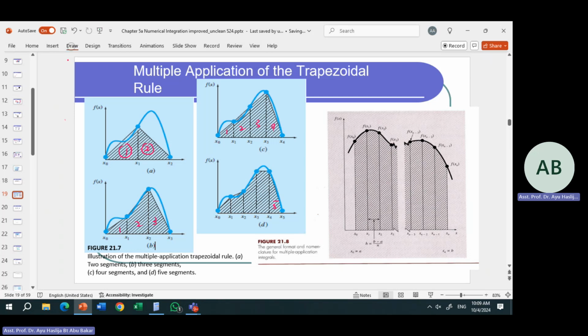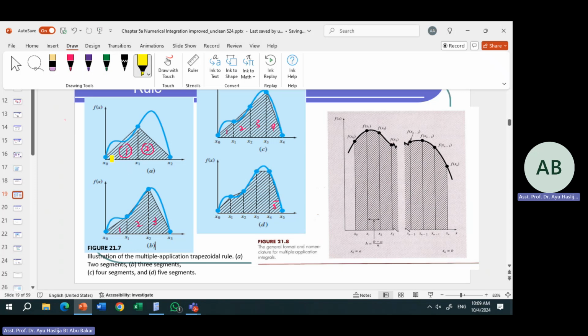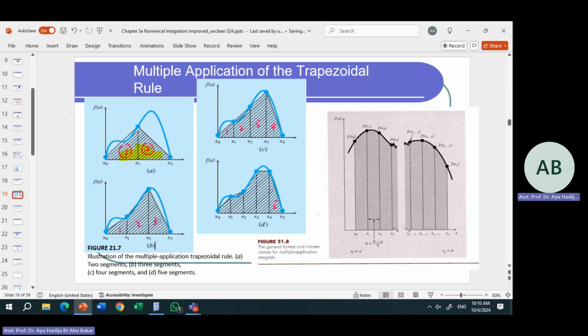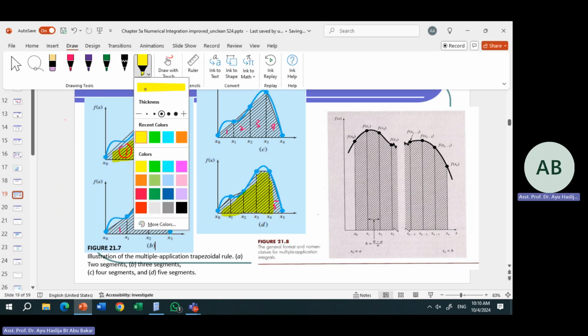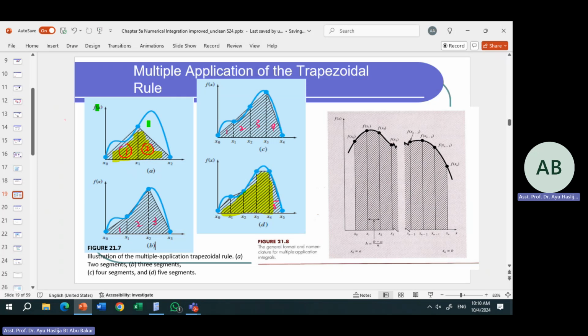So what we want to focus on is the area under the curve, how it increases from low order to higher order. Then you can see as well the error decreases when you have higher order. It approaches the true value.